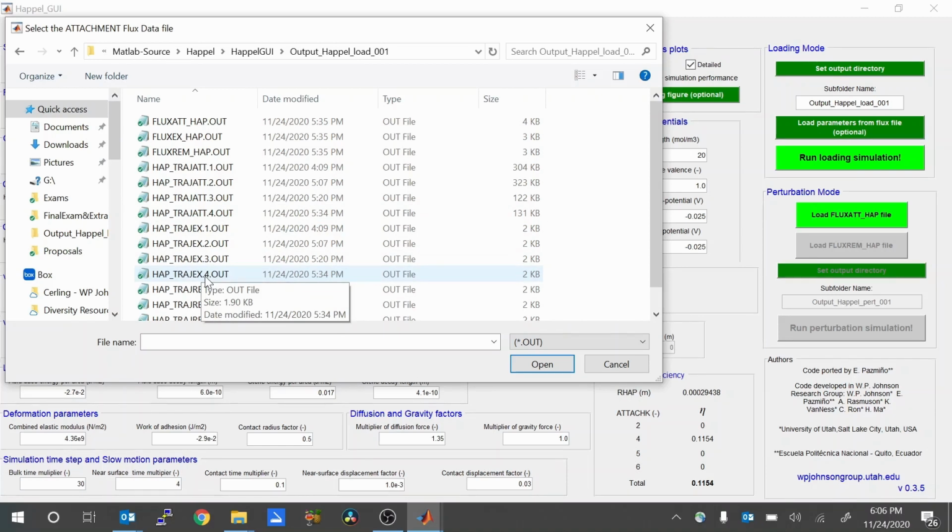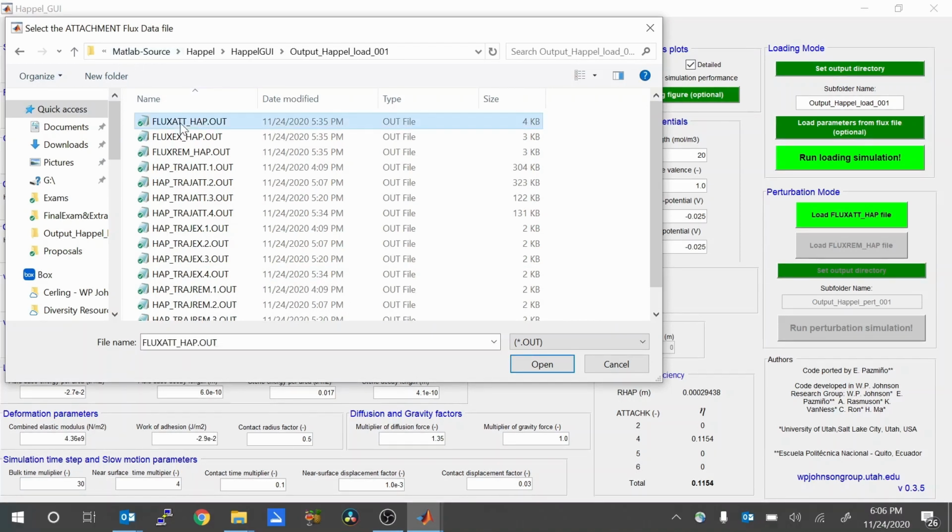And these are easily put into Excel using the text wizard and then can be manipulated to make additional plots. They're also fed into the upscaling algorithm, as I'll describe in a different video.